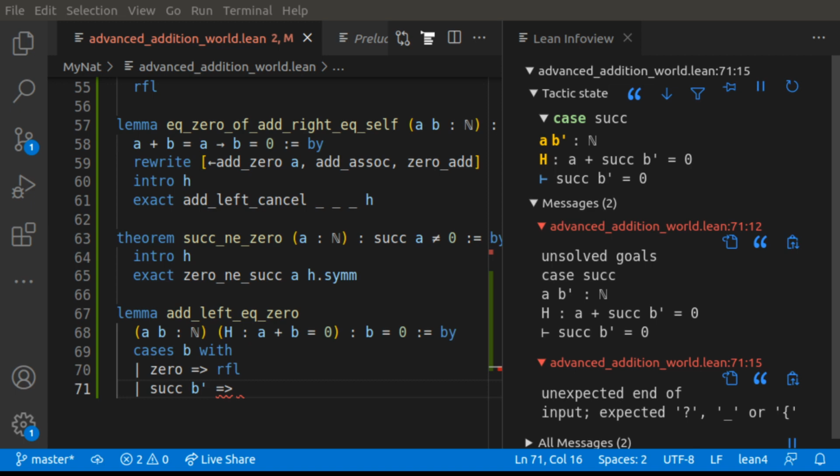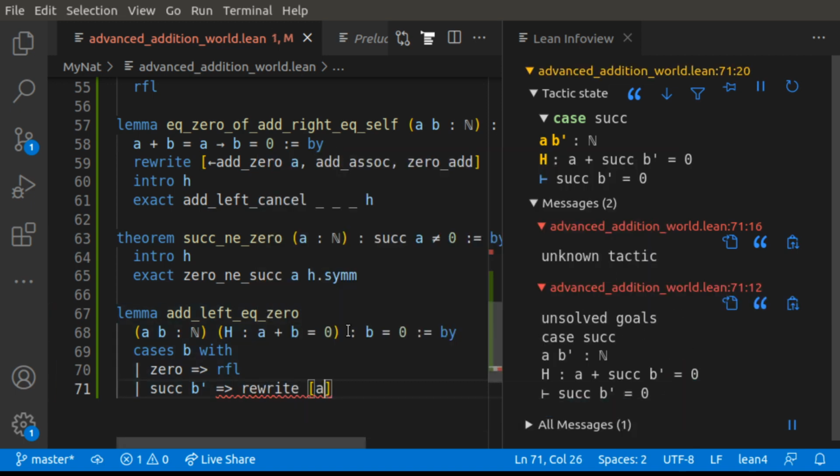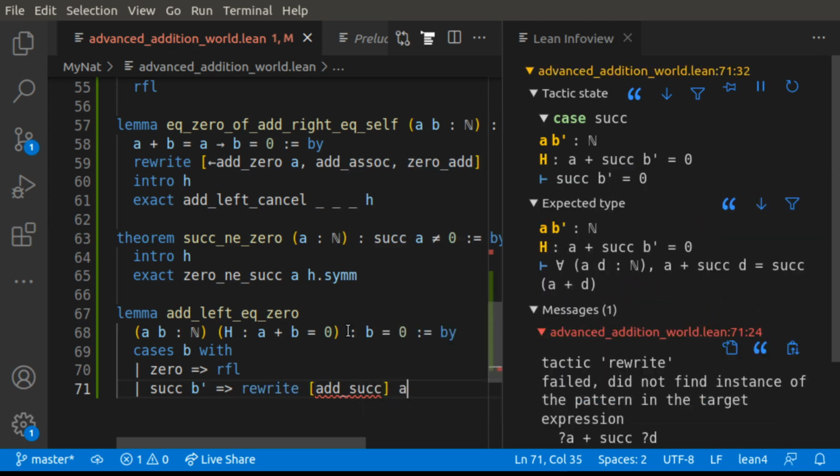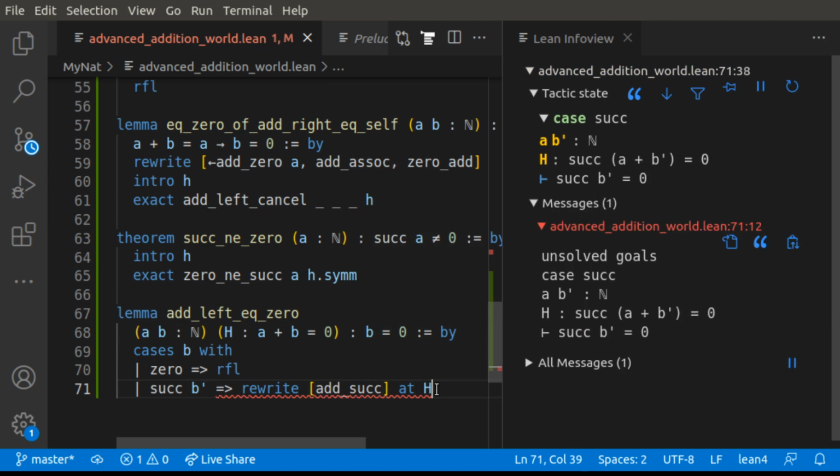Okay. Our goal is impossible to prove. Okay, but we're getting the hint here. However, our hypothesis H is also impossible. So let's see why H is impossible by rewriting add successor at H. Okay.